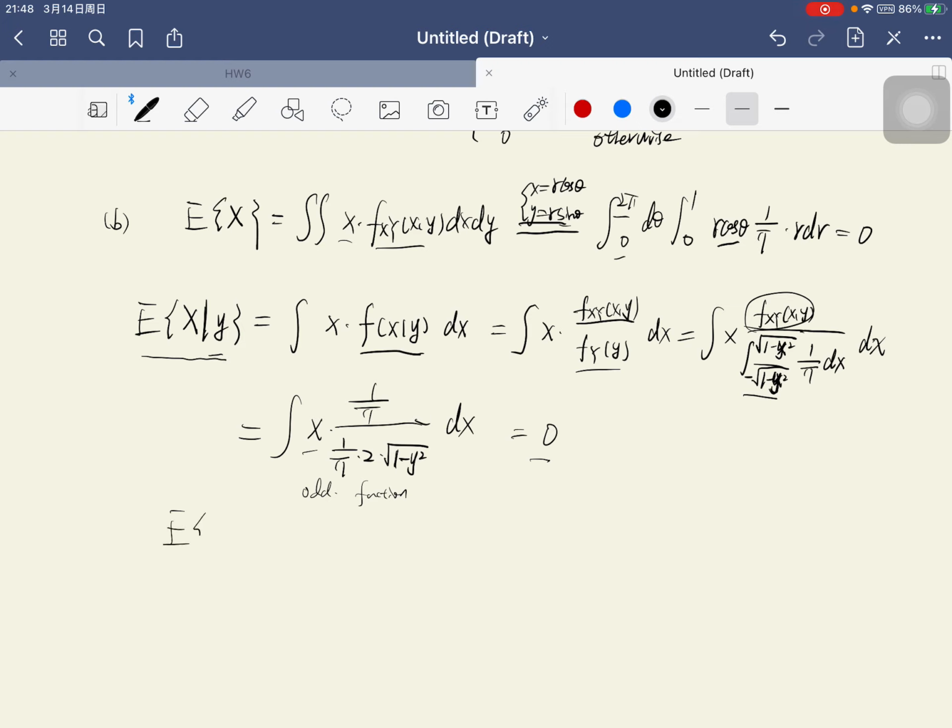So the expected value of X given big Y, for every small y, is also 0.